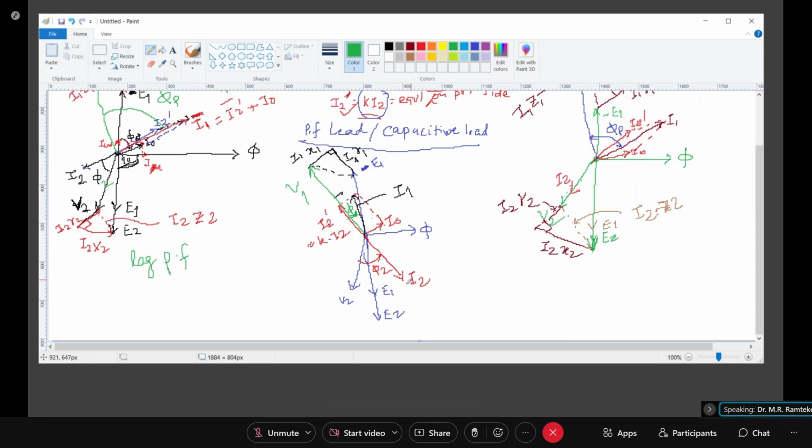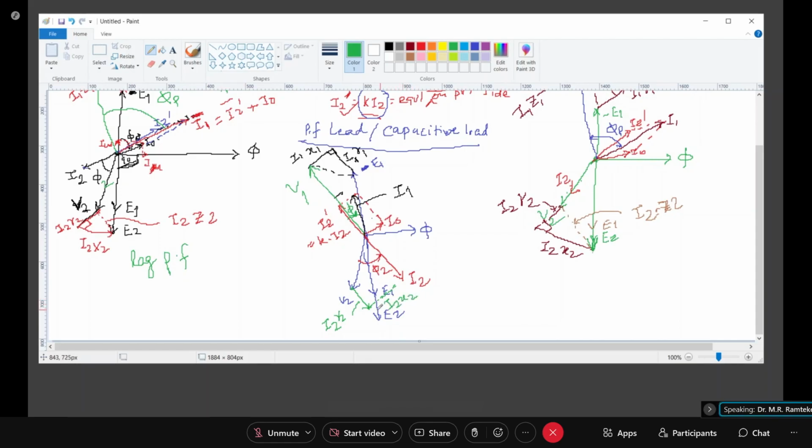So again I2. This will be my I2, and 90 degree to that will be I2 R2, which is parallel to this, and at 90 degree to that will be my I2 X2.